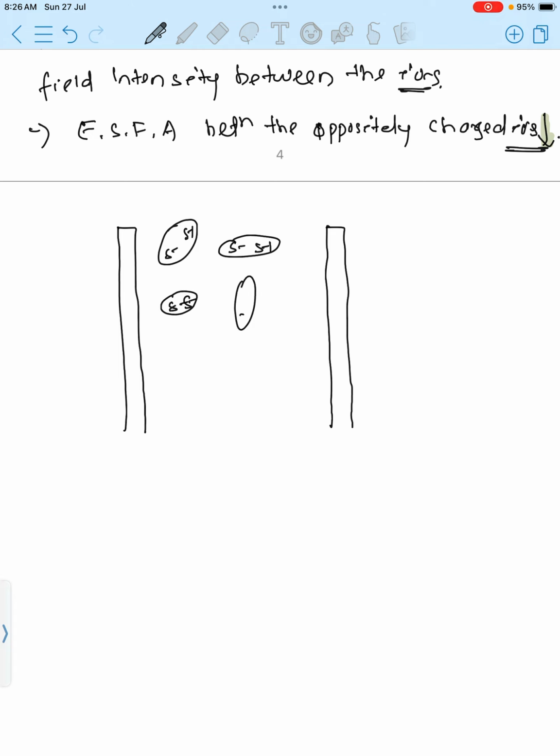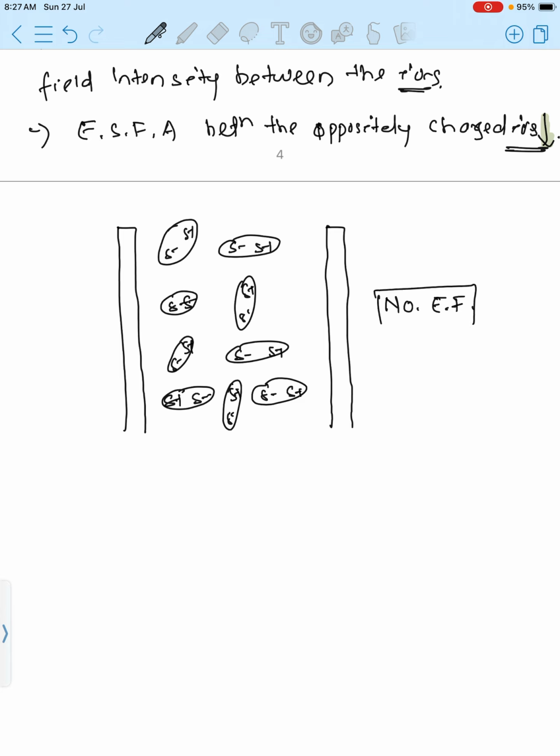They will have random direction. They can be present in any possible direction. The alignment is not proper. This is the situation when I have not applied any electric field, or there is no source of battery connected with the electrodes.